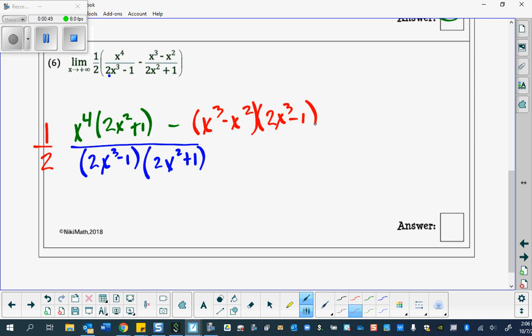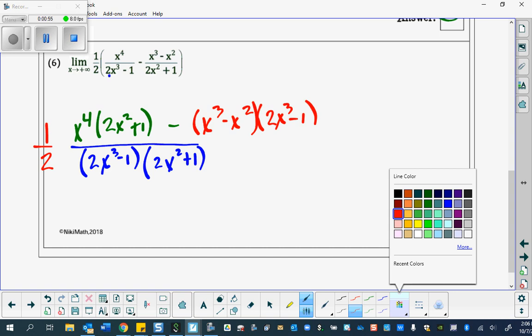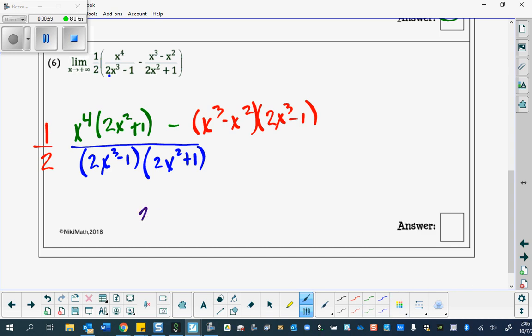So when I go to multiply and put all these together, I end up with, let's talk about my numerator first. I wind up with 2x, add my exponents to the 6th plus x to the 4th, and it's minus everything that's inside here.